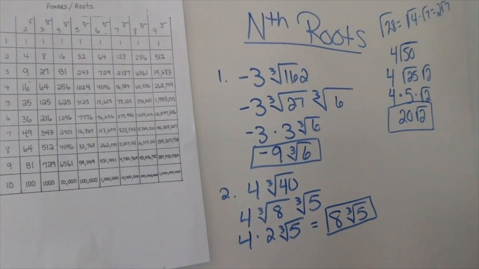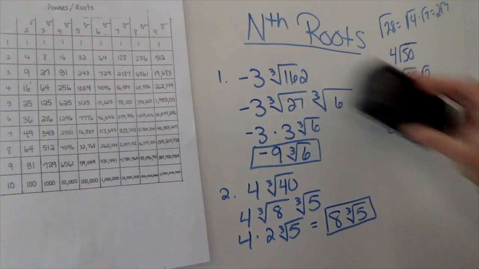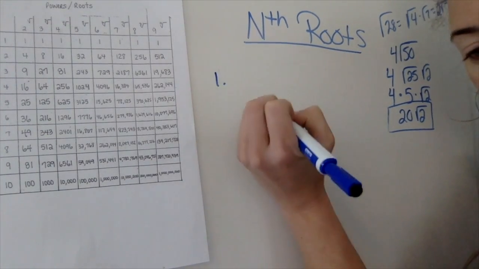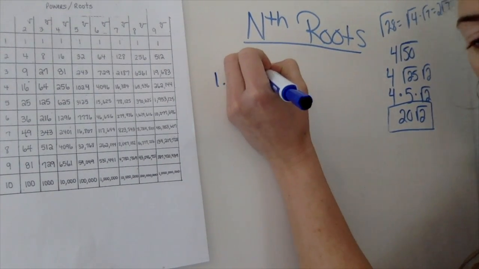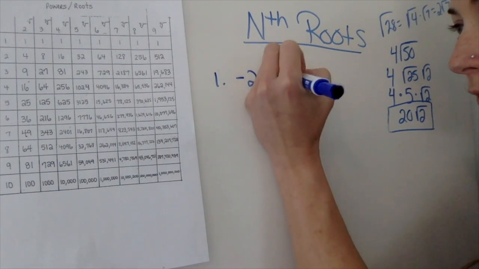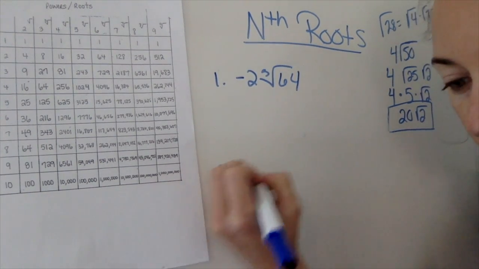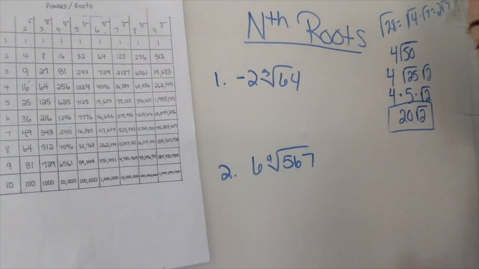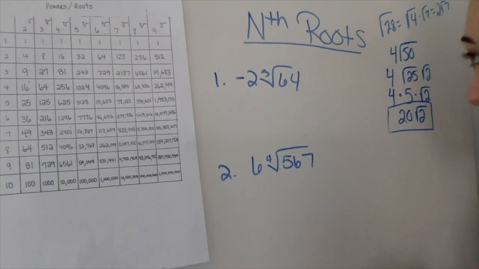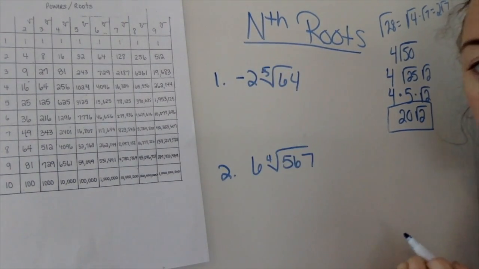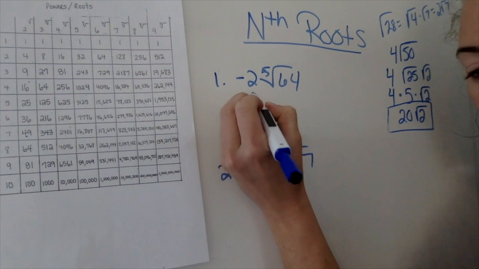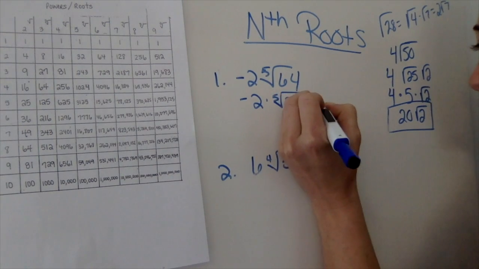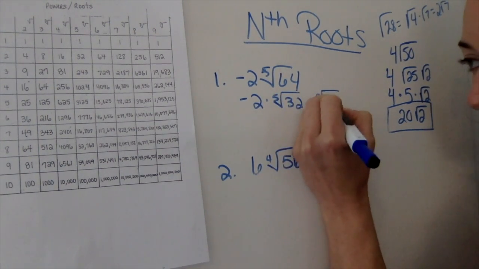So I'll give you 2 to try on your own. Negative 2, 5th root of 64, and 6, 4th root of 567. And that's a 5. So we got negative 2, 5th root of 32 times 5th root of 2.